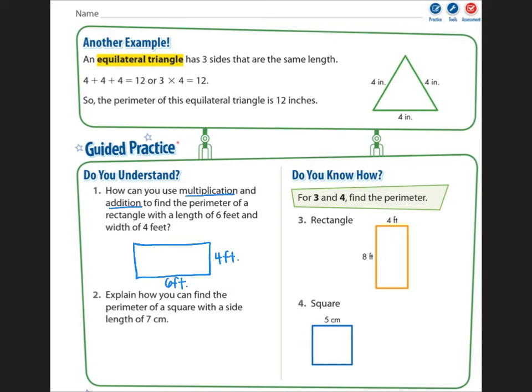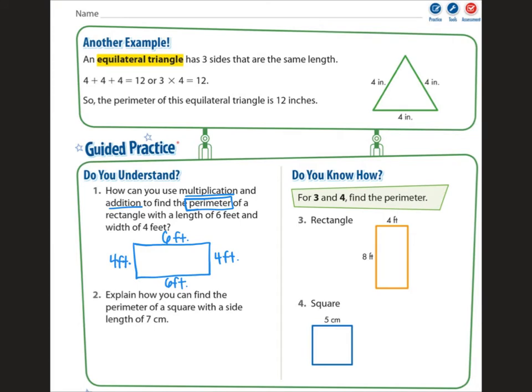If I know that this side is 4 feet, this side is also 4 feet. And if this side right here is 6 feet, then I also know that this side right here is 6 feet.